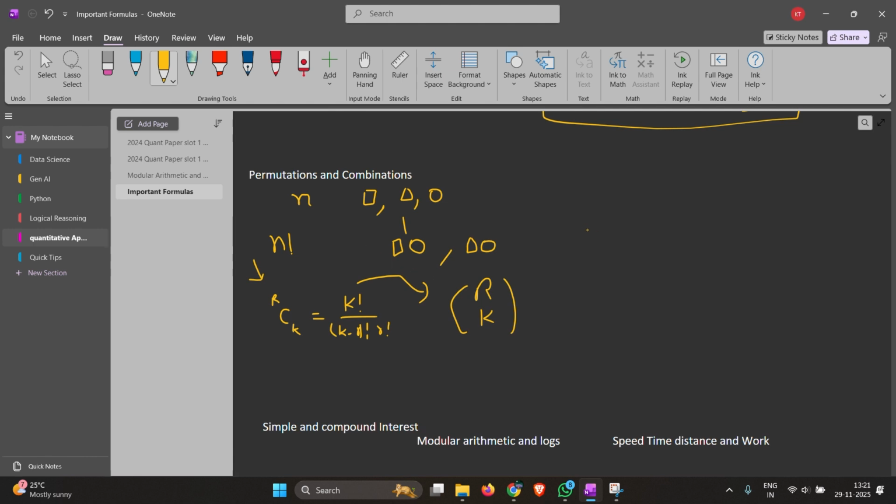And there is also a method called stars and bars, which is nothing but a theorem to tell you the number of ways to divide some amount of objects into some amount of subgroups. So let us say we have k objects. So we have four objects. Let's assume we have four balls and we have three boxes.